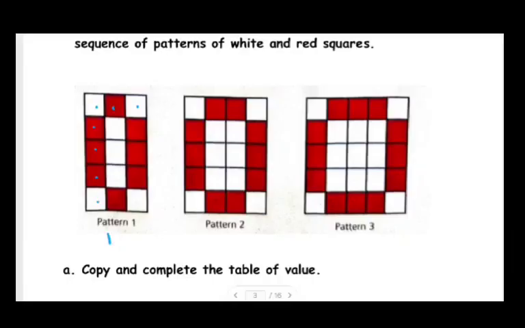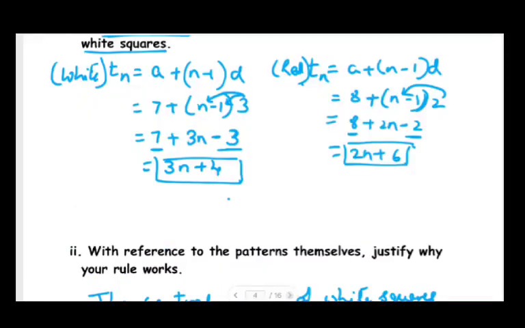So 3 fives are 15 tiles in total, red and white. Here we have 4 fives, which is 20. Here we have 5 fives, so we have 25. So what's the difference? The difference is 5, and our first term is 15.